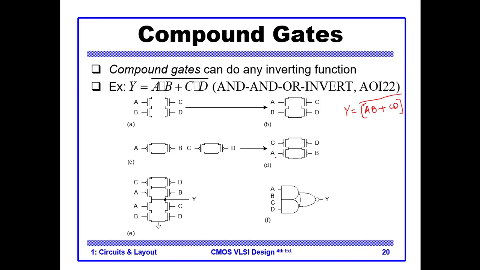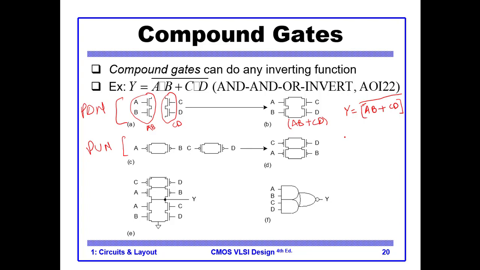First we develop A and B. So this is A and B, this is series, this is C and D. You combine it in parallel, this is AB plus CD. So this is our pull down network.